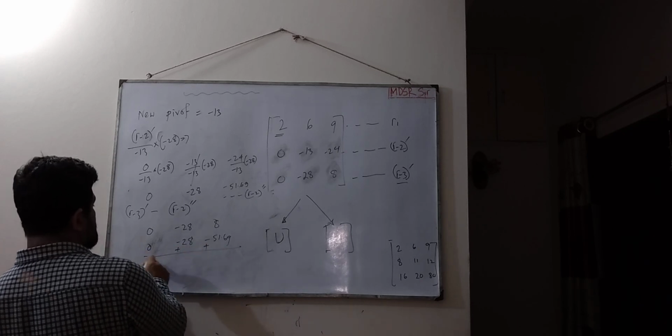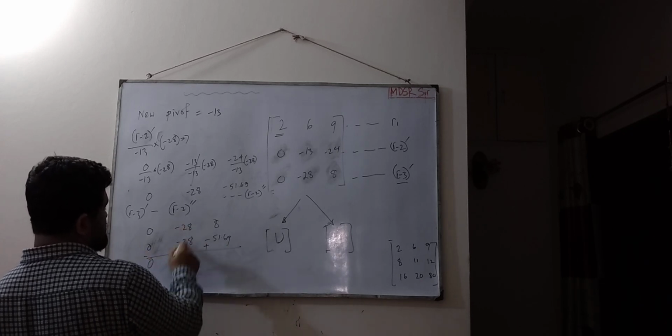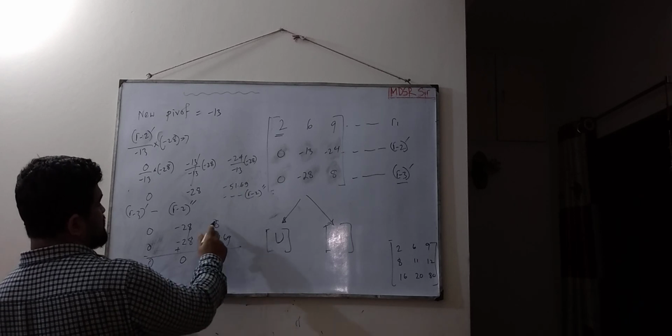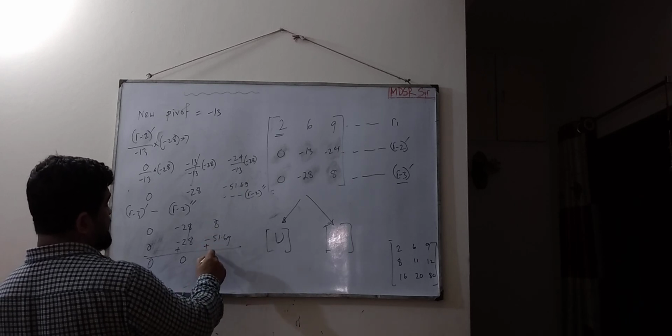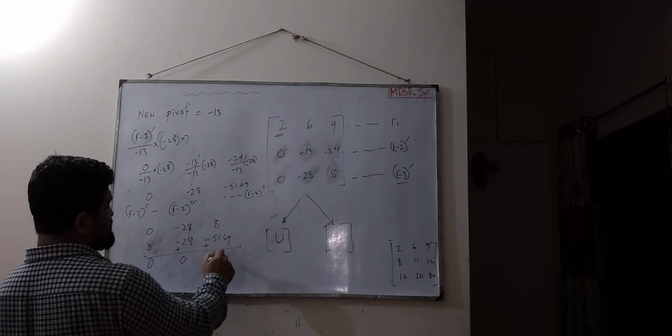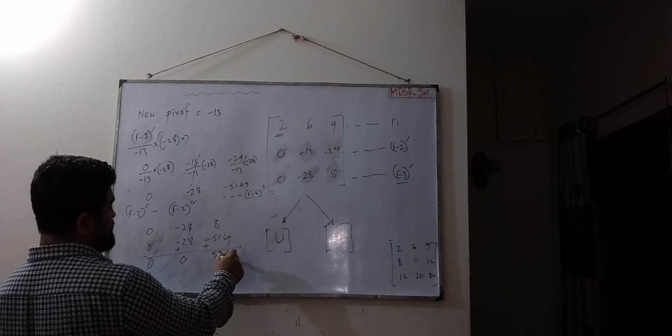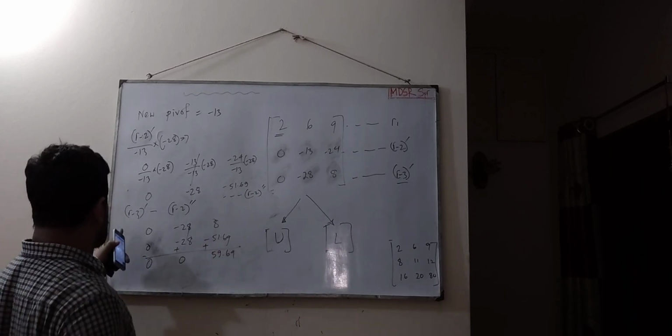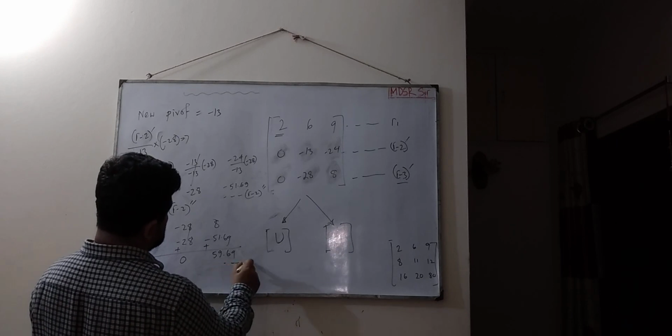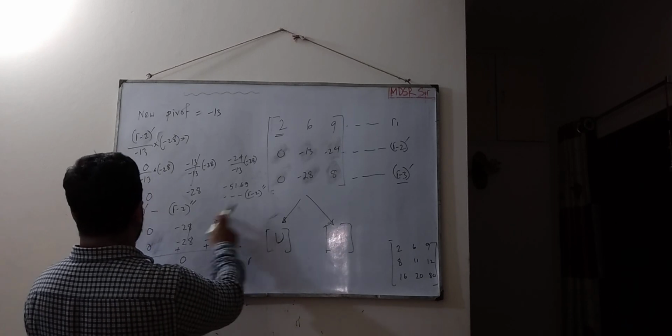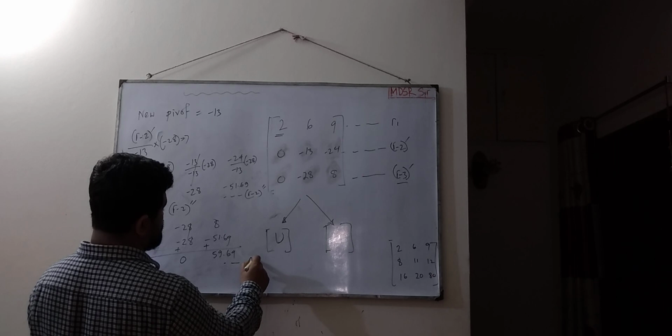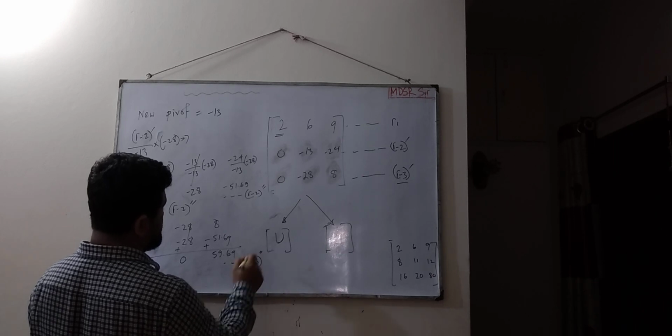So this is 0, this is 0 again. And this one is becoming what? 59 plus 59.69. So this is your row 3 double prime.